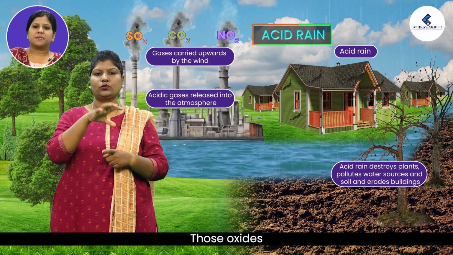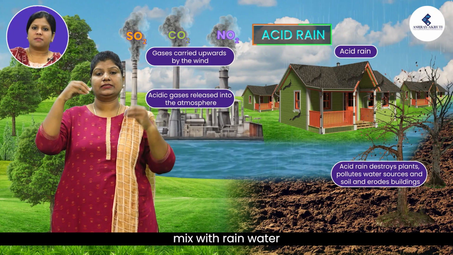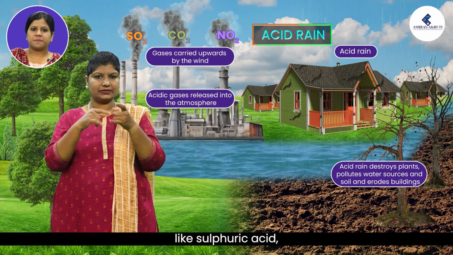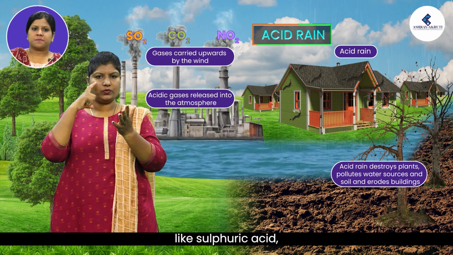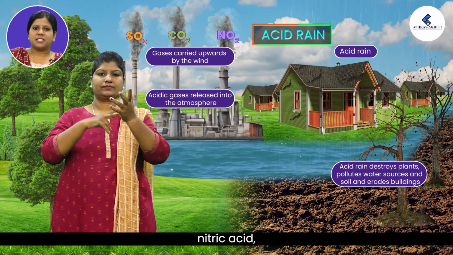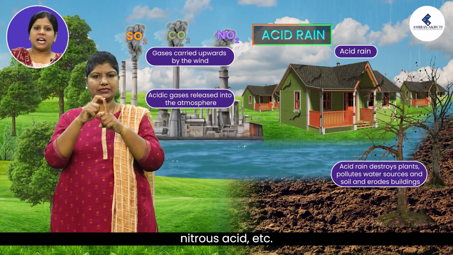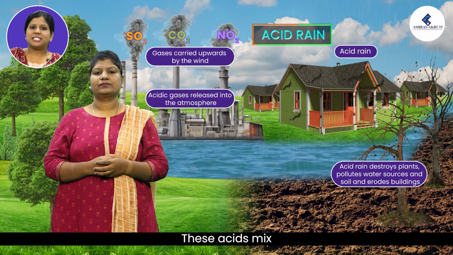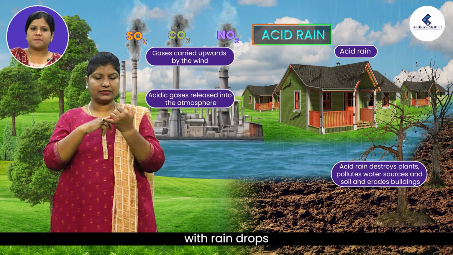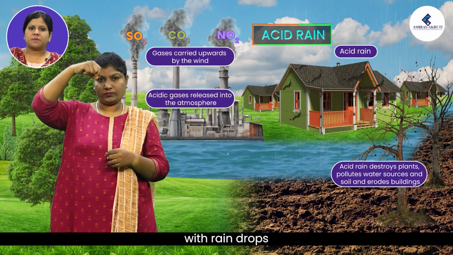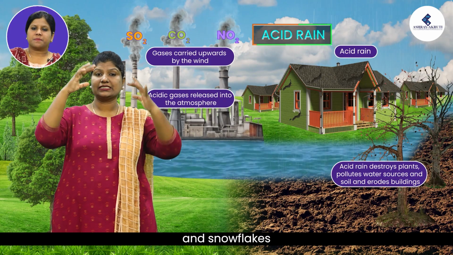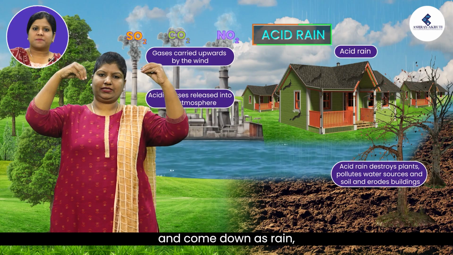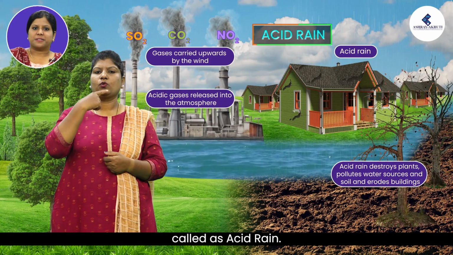Those oxides mix with rainwater and form acids like sulfuric acid, nitric acid, nitrous acid, etc. These acids mix with raindrops and snowflakes and come down as rain, called as acid rain.